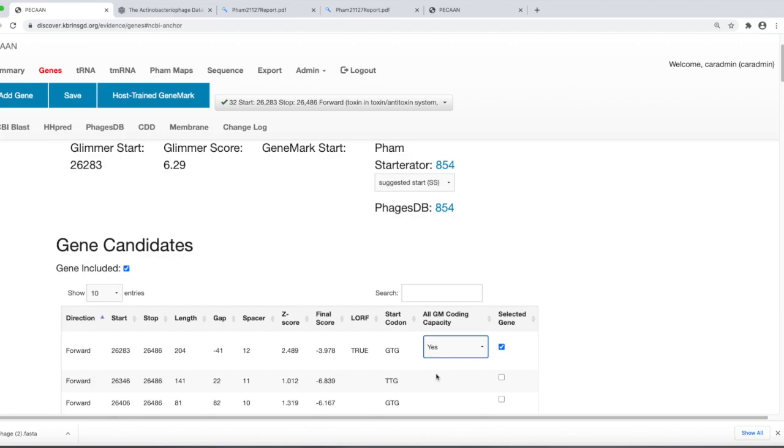Okay, so we've looked at, for this particular example, all of the information here: the Starterator information, the gap. So that's a little minus right there because it's so big. The z-score, the gap, or the spacer, the final score is great for the ribosome.